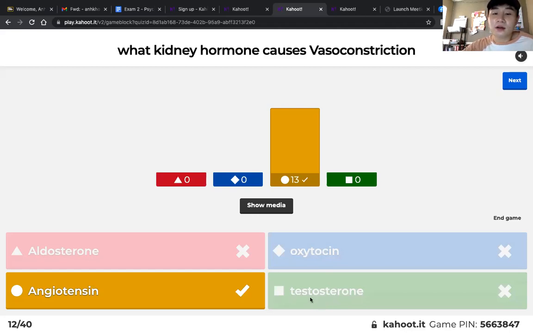Testosterone is more about the gonads, males, and the genitalia. So angiotensin is the hormone also secreted by the kidney. It's also involved with blood pressure. It causes vasoconstriction and leads to increasing the blood pressure.